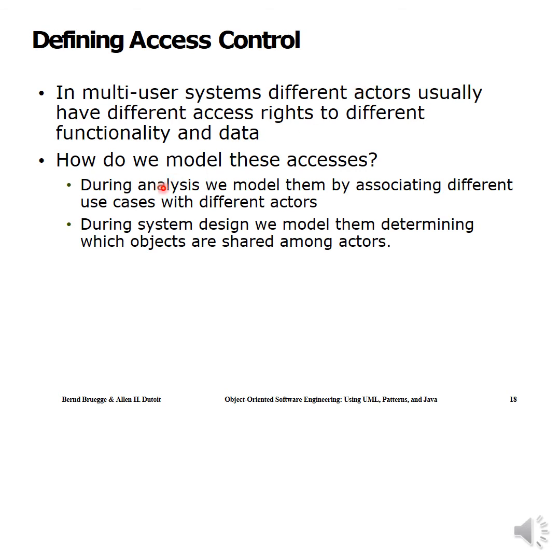So how do we model these accesses? During analysis, we model them by associating different use cases with different actors. And during system design, we model them by determining which objects are shared among actors.